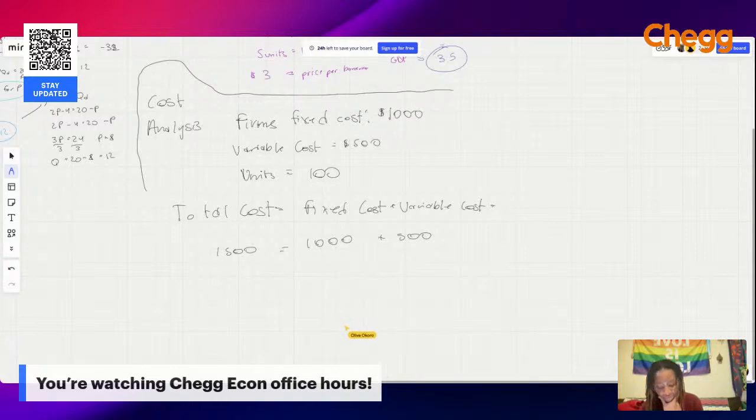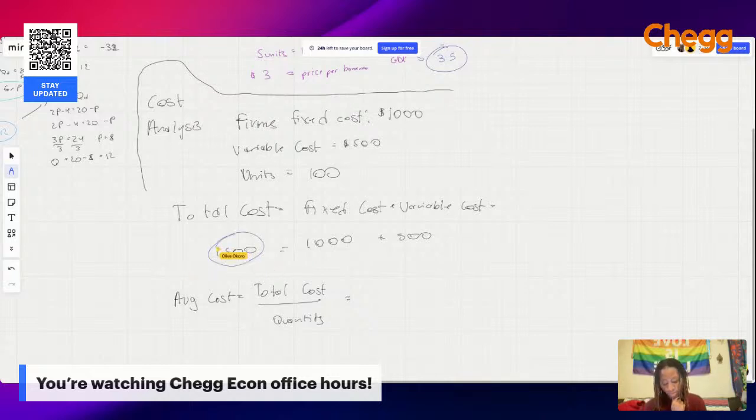So next we're going to do average cost. Average cost equals total cost divided by quantity of units, right? So we already know the total cost. We found that right over here.